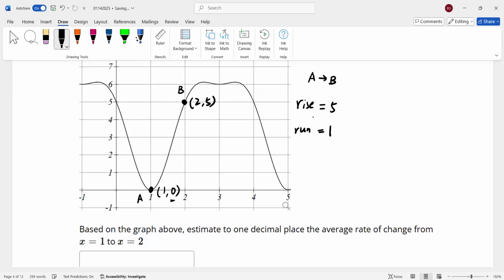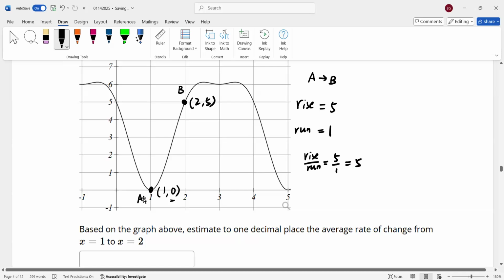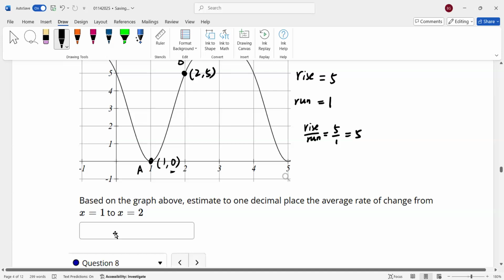So rise over run is 5 over 1. It is 5. So the average rate of change of this function represented by the curve is 5. We should just enter 5 here, all right?